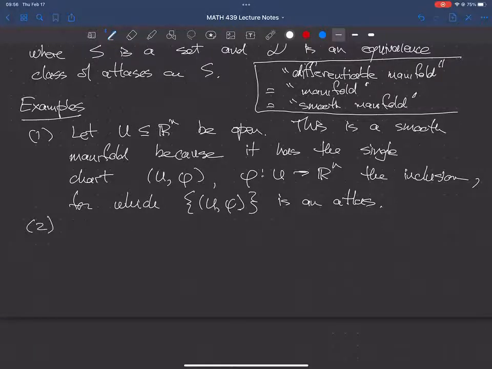Let me now look at another simple example, but one which has enough going on that it illustrates better than the open subset of Euclidean space how the manifold construction works.